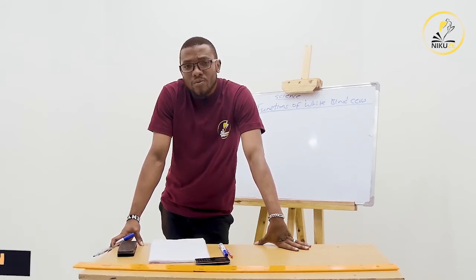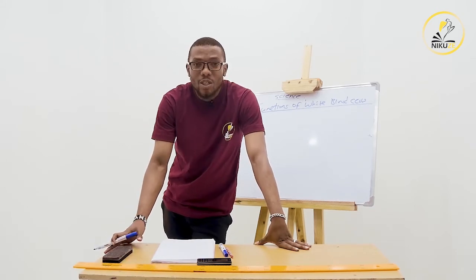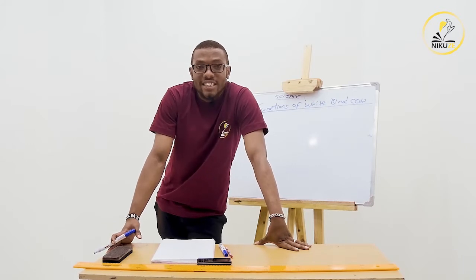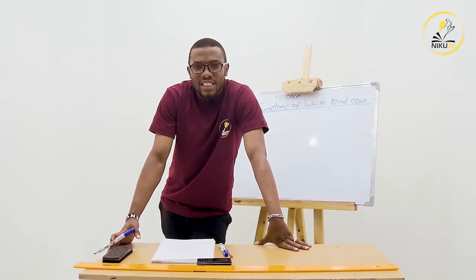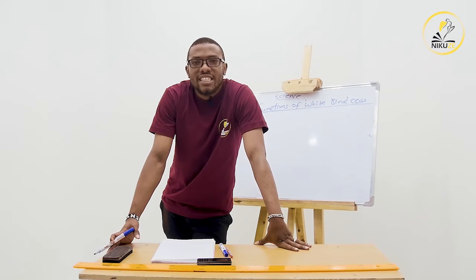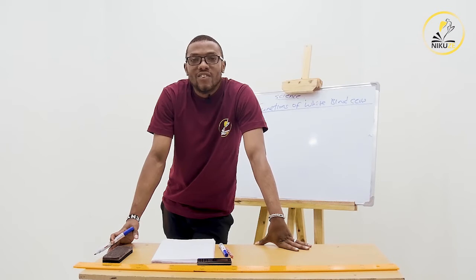Let me give an example. The HIV virus attacks the immunity and weakens it. This means that your body has access to any type of disease or any germs. If your immunity is weak, any disease, any germs can access your body easily. So the white blood cells fight disease-causing germs.